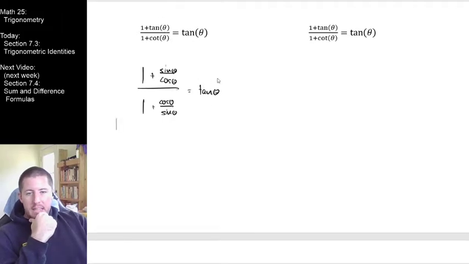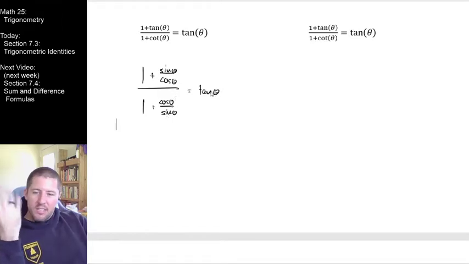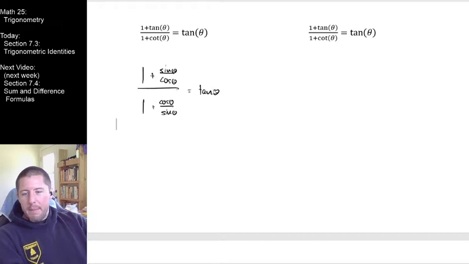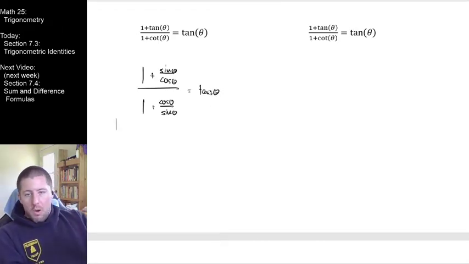I know that this is tangent on the right and I'm never going to change it from that. Since I'm converting this whole left side into sines and cosines, my goal quantity is for this to end up getting written as sine divided by cosine, because that's my sine cosine version of tangent. So what am I going to do?